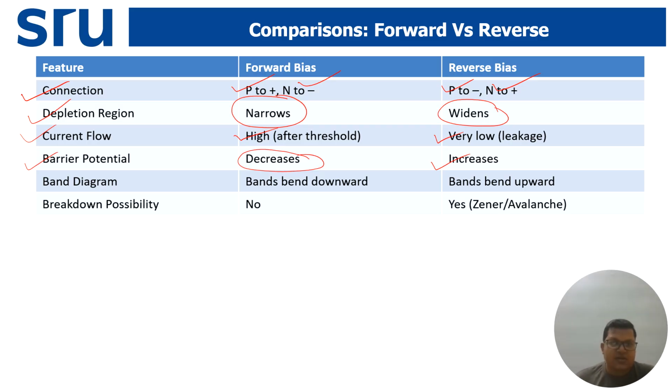Okay, and the band diagram: the band bending is lessened due to the forward bias, whereas the band bends more because of the reverse bias. And regarding breakdown, in forward bias there is no possibility of breakdown, whereas it is very much possible in reverse bias, but it could be Zener or avalanche in nature.